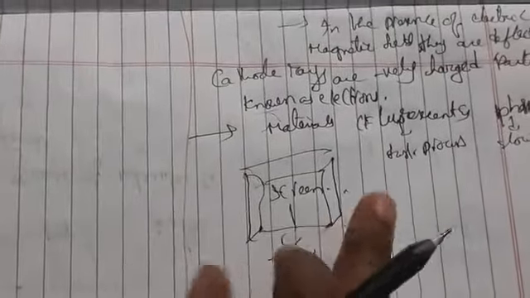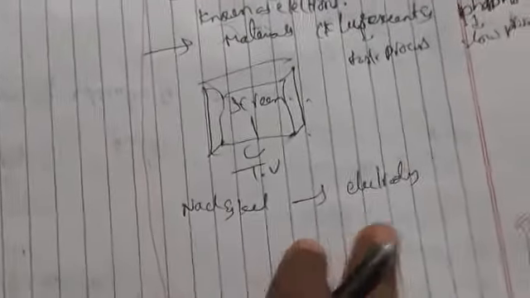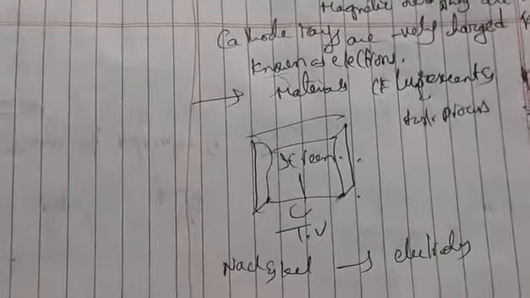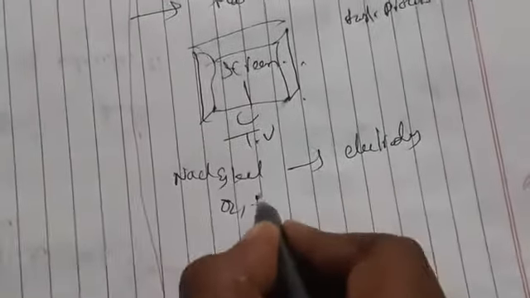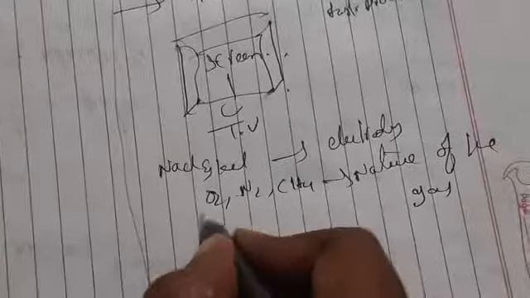So here, the cathode rays do not depend upon the material of the electrodes. For example, if you take NaCl and KCl, these two are electrodes. So the cathode rays do not depend upon the materials of the electrodes and also the nature of the gas present in the tube. The nature of the gas means oxygen, nitrogen, methane, sulfur.